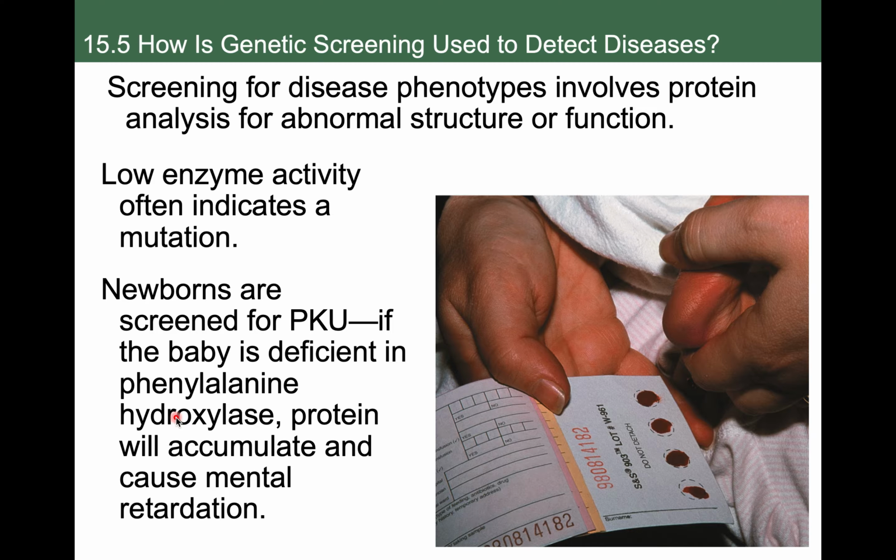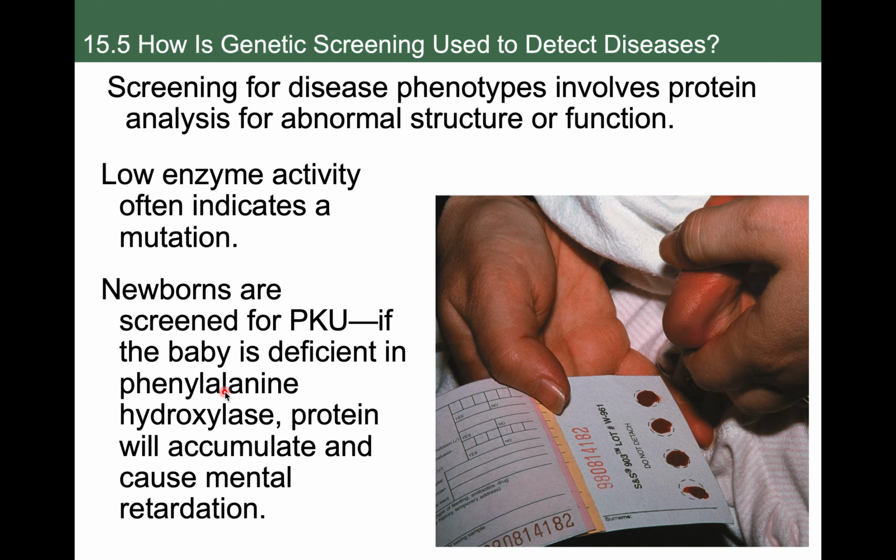If it is, no problem. If not, then we know, hey, this infant has PKU, and you can usually deal with PKU pretty well just by altering the diet. So just reducing the amount of phenylalanine in the diet to prevent that build up to toxic levels.